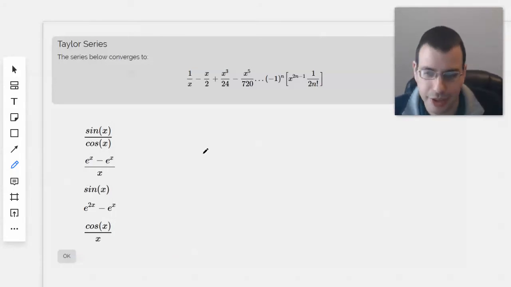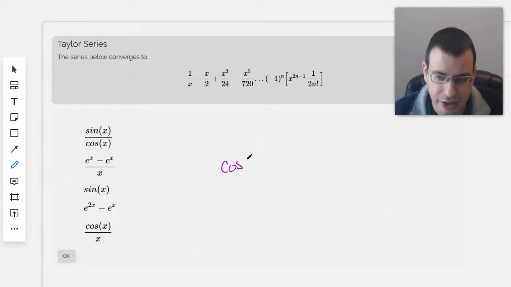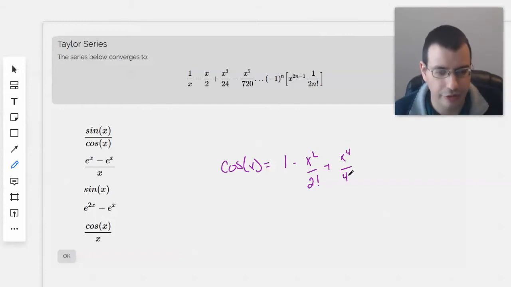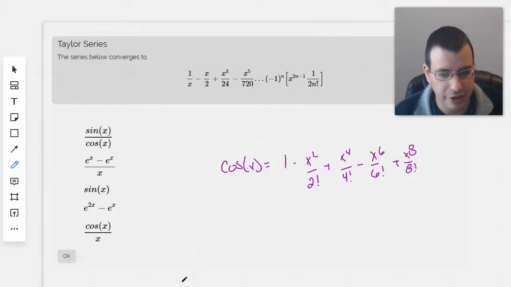So the first one would be, let's say, cosine of x, which is 1 minus x squared over 2 factorial plus x to the 4th over 4 factorial minus x to the 6th over 6 factorial plus x to the 8th over 8 factorial.